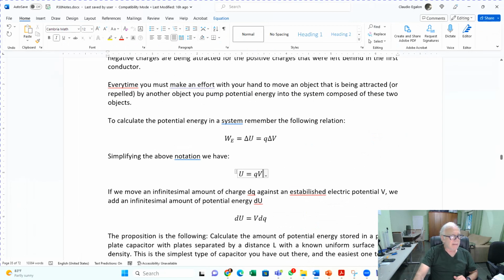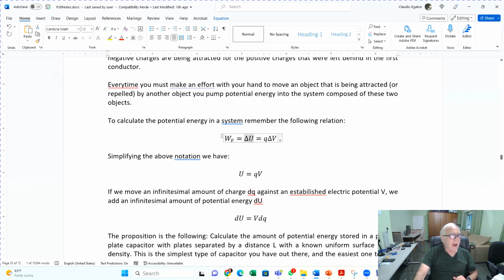Just remember that the work done by the electric field is the difference in potential energy, which, by the way, is Q times delta V. That's the very definition of electric potential: the electric potential energy divided by Q. To simplify the whole notation, I'm just going to write U equal to QV.